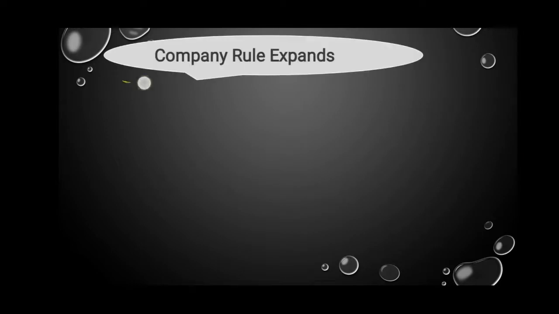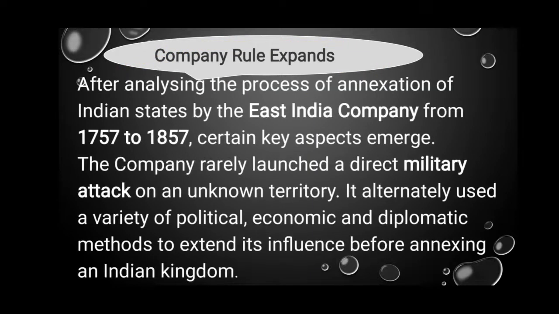So first, company rule expands. We are going to see how company rule expands. After analyzing the process of annexation of Indian states by the East India Company from 1757 to 1857, certain key aspects emerge.